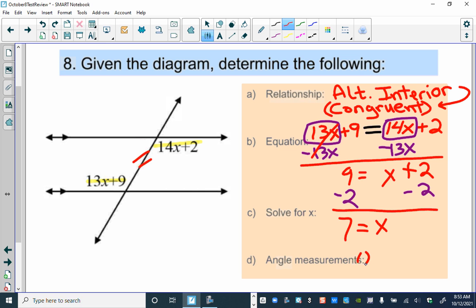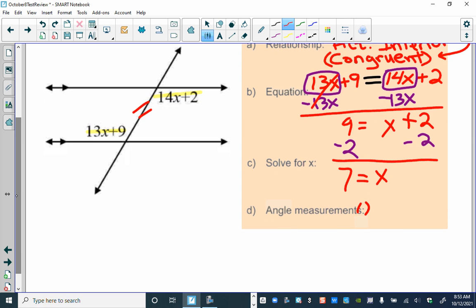Let's check. Take either one. What we're going to do, we'll probably put both real quick. You can do one or the other, whichever is easier for you.